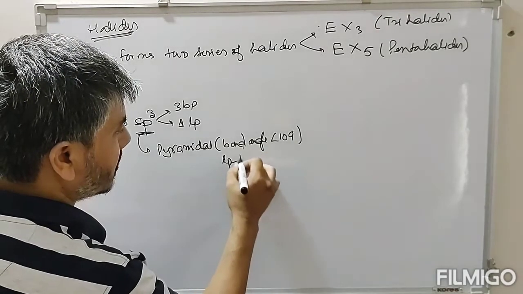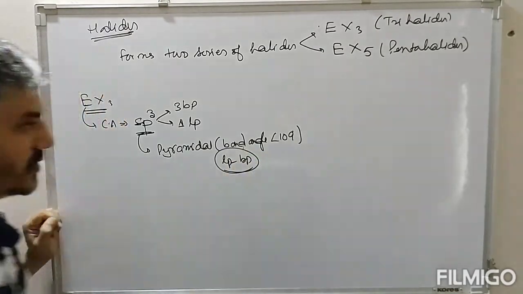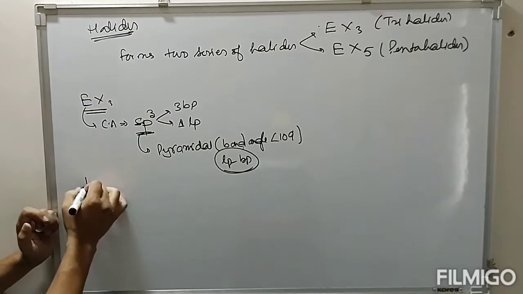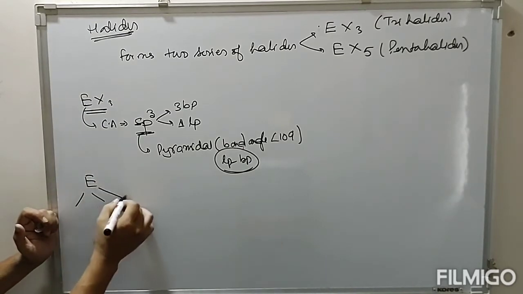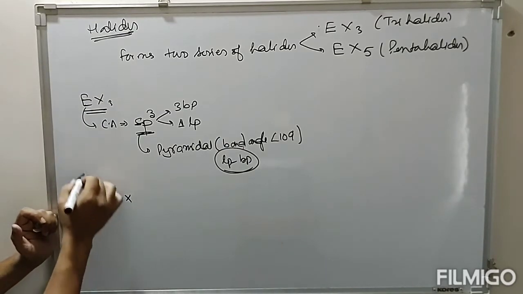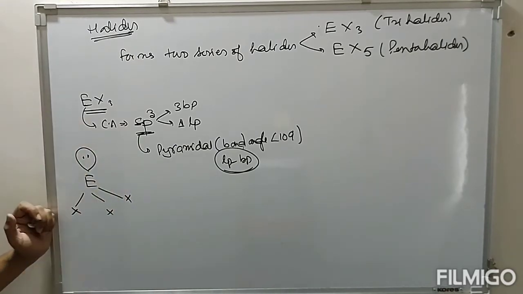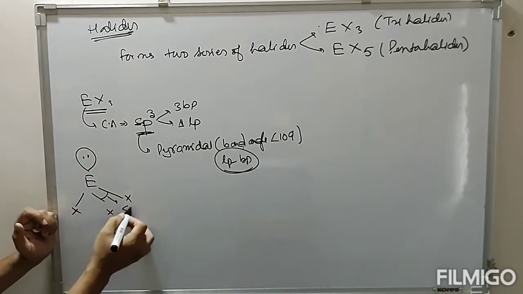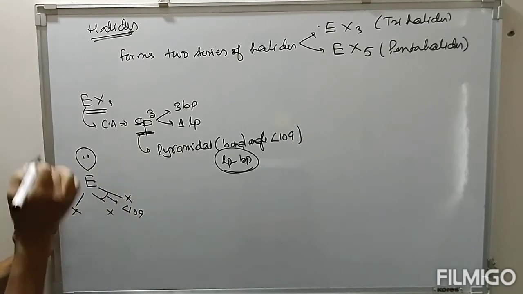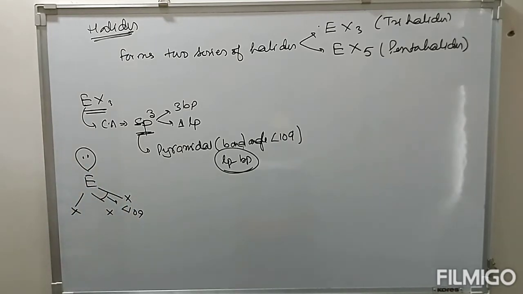That is lone pair bond pair repulsion. So if you look at this EX3, we have a lone pair. So this bond angle is less than 109 due to this bond pair lone pair repulsion.